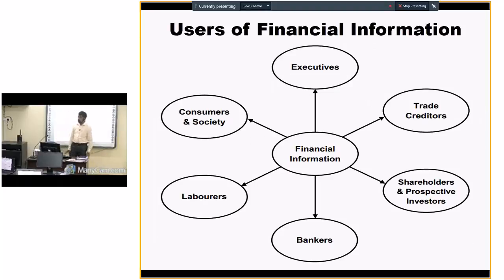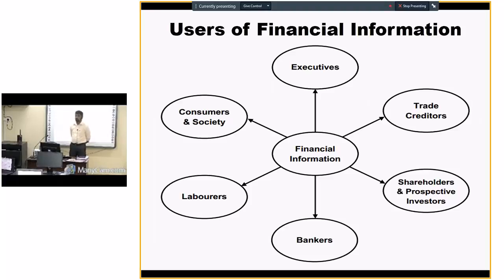Then if you move to the users, further we can discuss. Now, if you see this circle, you can see financial information and its users. Then you can see management or the executives, trade creditors, shareholders and prospective investors. They are always concerned about financial information, not only the quantitative but also the qualitative information.